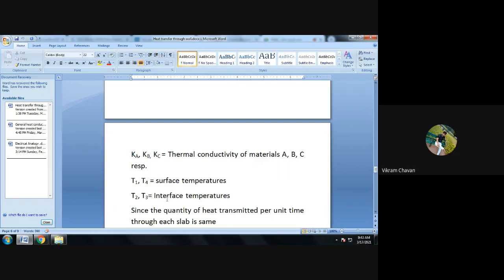Now further, as we have discussed, since the quantity of heat transfer per unit time through each slab is same, the heat transfer through slab A is equal to the heat transfer through slab B and is equal to the heat transfer through slab C, which is equal to the total heat transfer. It means that the total amount of heat transfer through all the slabs is equal to the heat transfer through each individual slab.